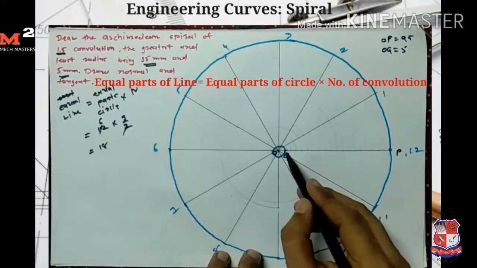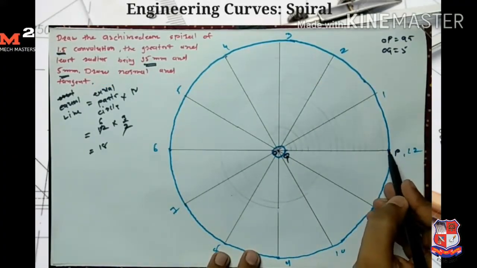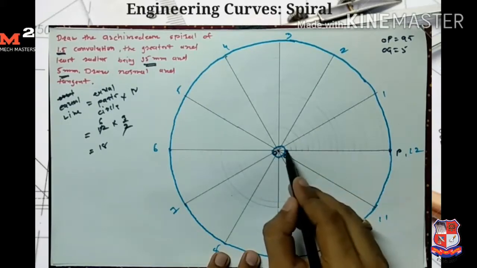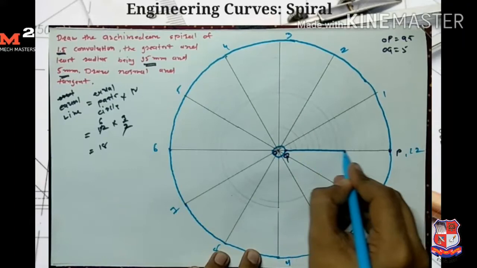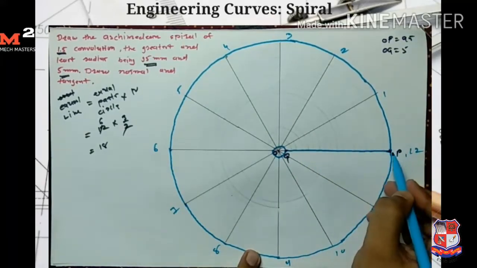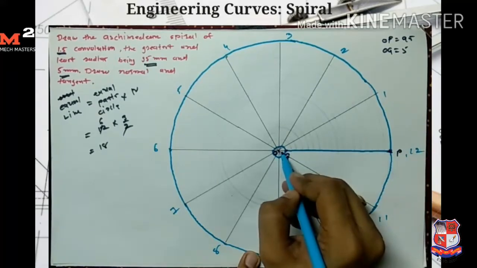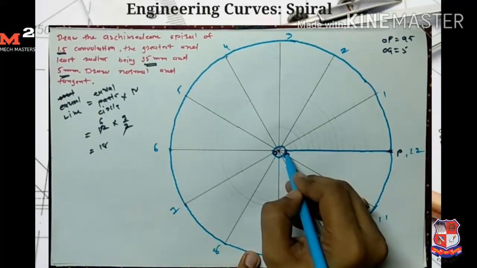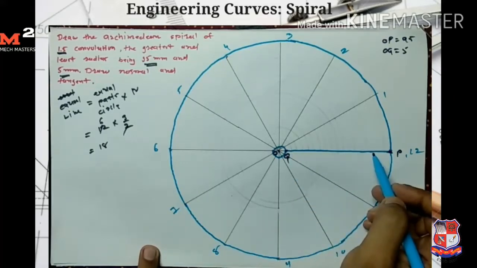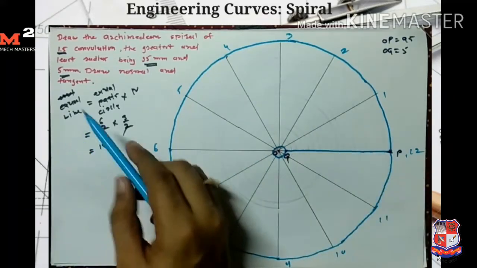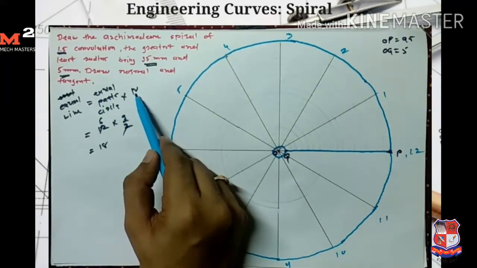Now I divide the line PQ into equal parts. Remember one thing, here we do not divide the line PO. We divide the line QP or PQ, because the greatest and least radii given are 95 mm and 5 mm, so we draw the spiral between the points P and Q. We use the equation: equal parts of line is equal to equal parts of circle into number of revolutions.